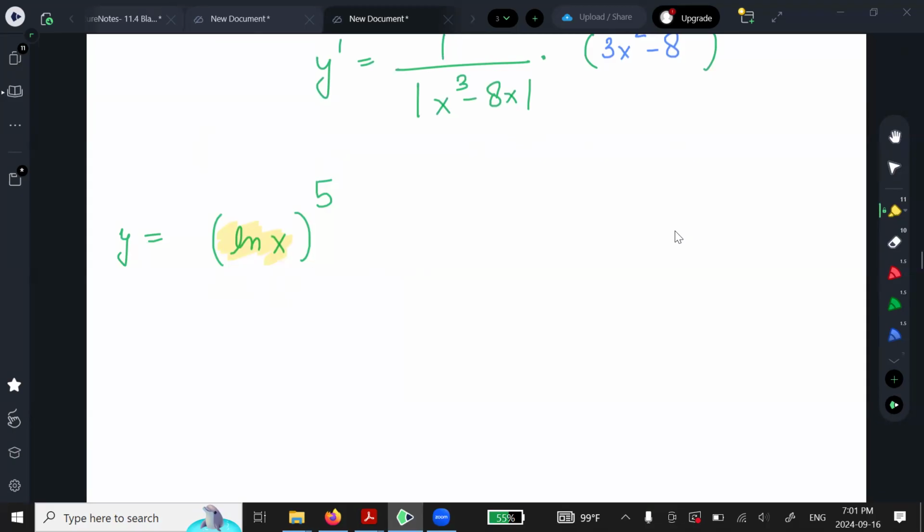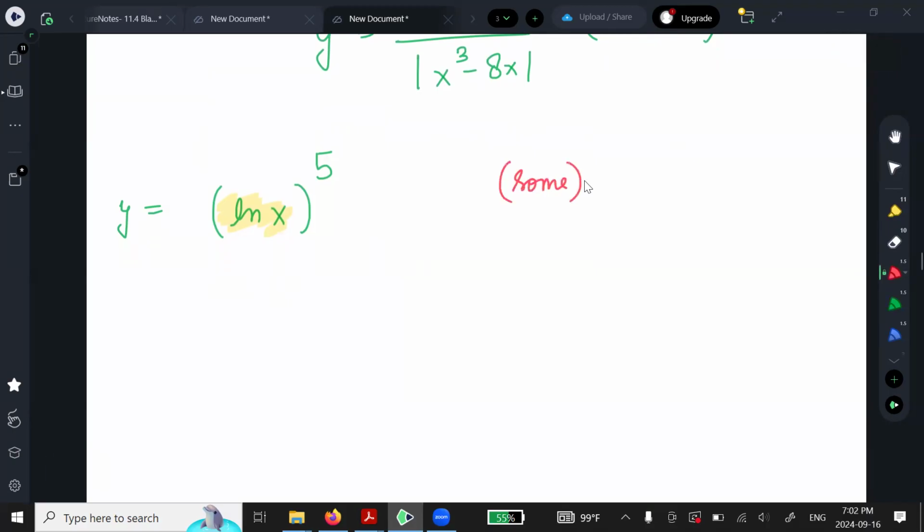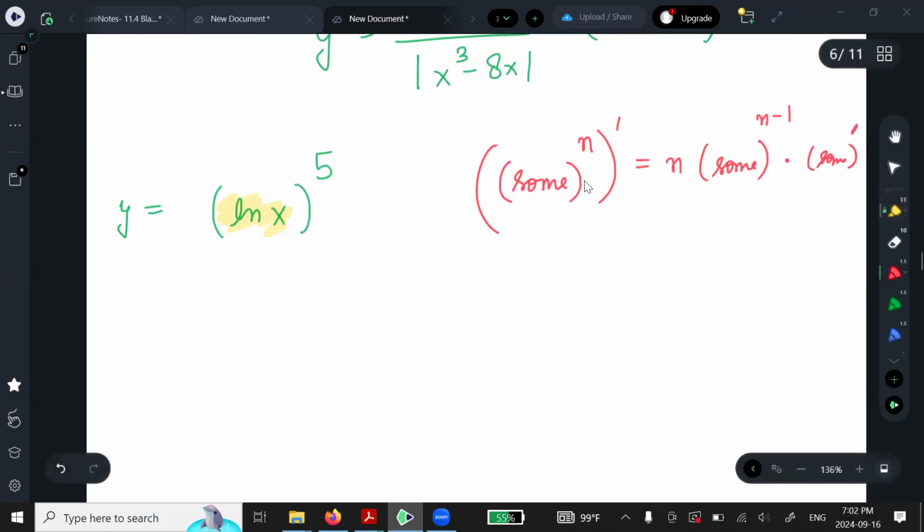Yes, Alana, what do you have to say? Chain rule? Which chain rule? There are so many chain rules. The power rule, right? What is the power rule of the chain rule? You're using that rule here. If there is something raised to the power something, and I want to differentiate it, what will I do? I'll take the power out, multiply by the something's derivative, right? And what is the something in this question?